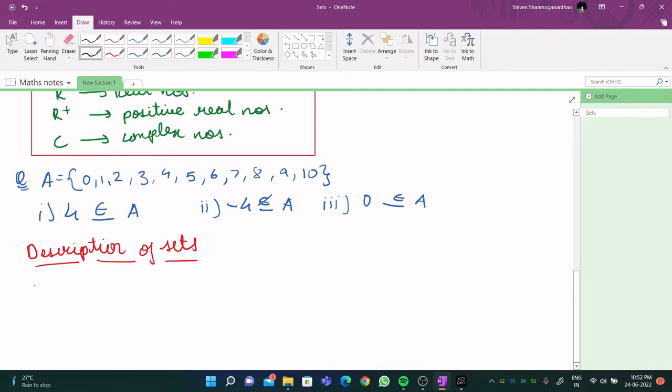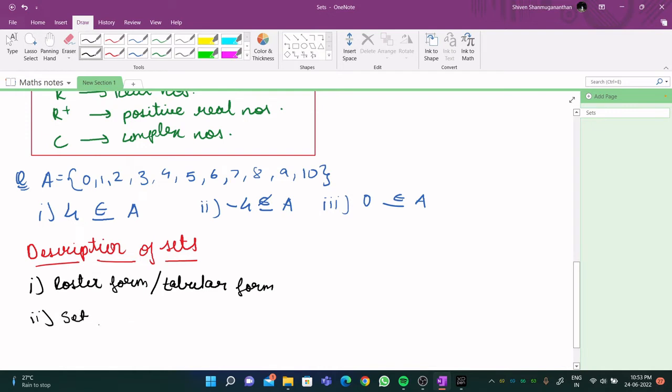Those ways are one, roster form or tabular form. Roster form, which is also known as the tabular form. Or a second way, and perhaps a shorter way of doing this, is called the set builder form.